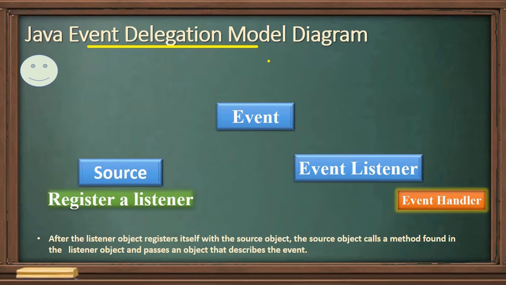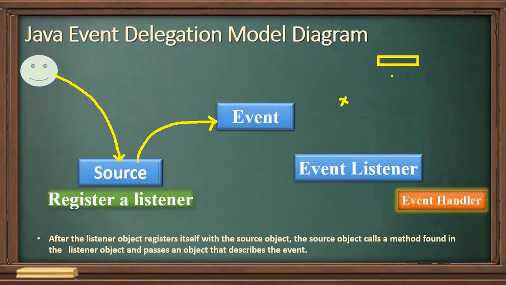How does it work? We know that in Java, whenever a user interacts with a component, events get generated. Now these events will not be listened to by every component.